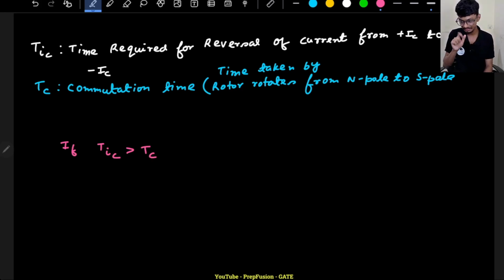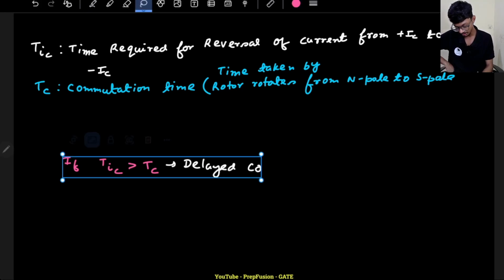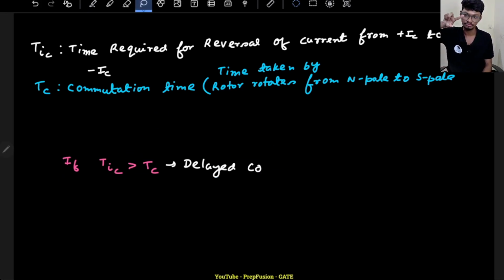That means the current reversal is taking more time, but the rotor is going from north pole to south pole earlier. So there is a bit of delayed commutation. This phenomenon is known as delayed commutation. But first, let's discuss the case where the time at which the current reverses from minus IC to plus IC or plus IC to minus IC and the commutation time are both the same.